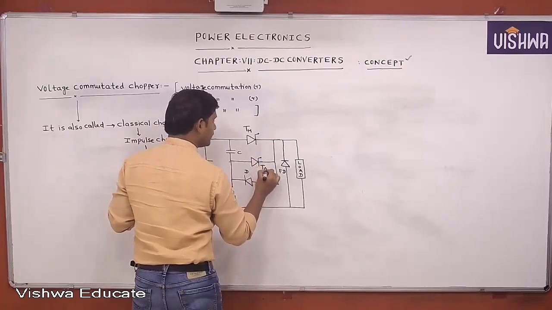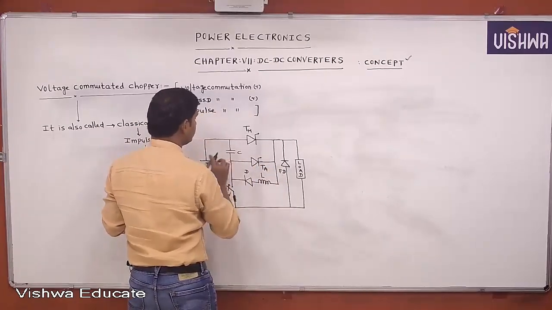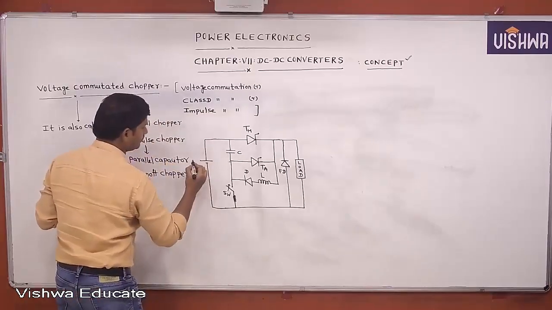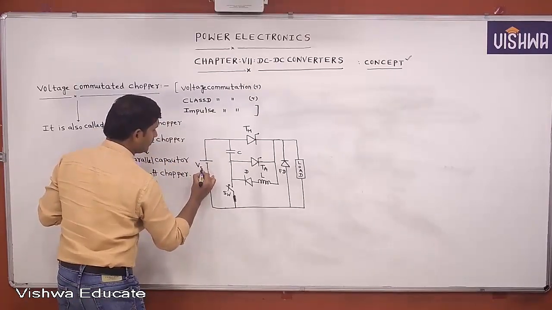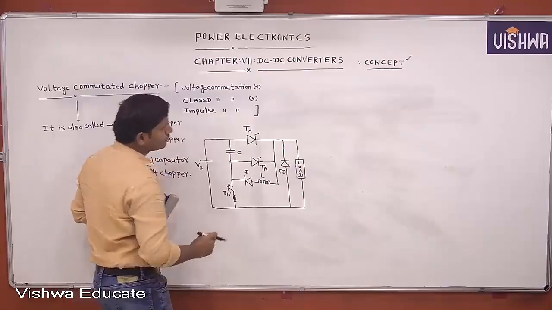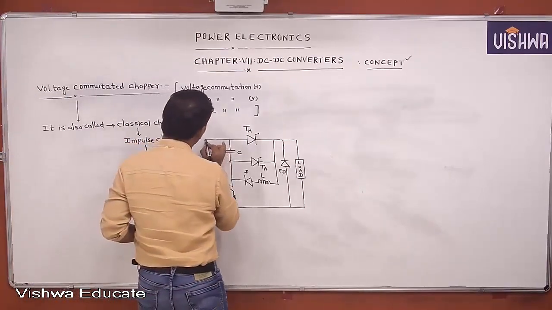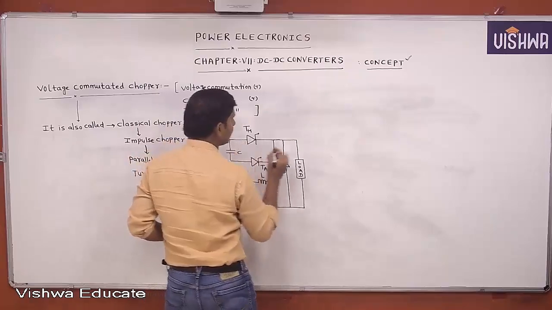Auxiliary thyristor. The supply voltage is Vs. This circuit we are using for the voltage commutated chopper or voltage commutation.